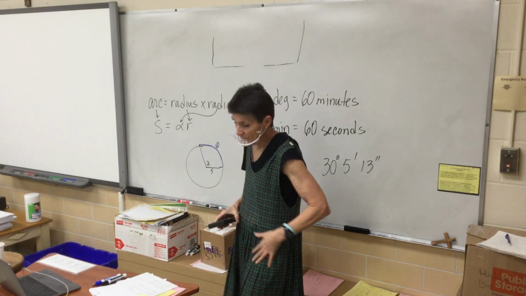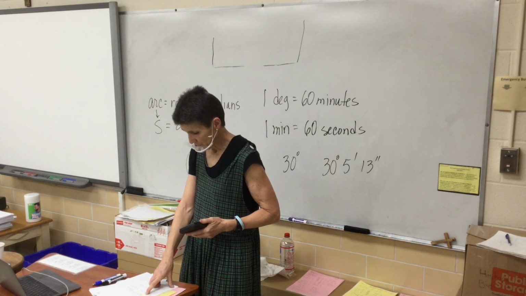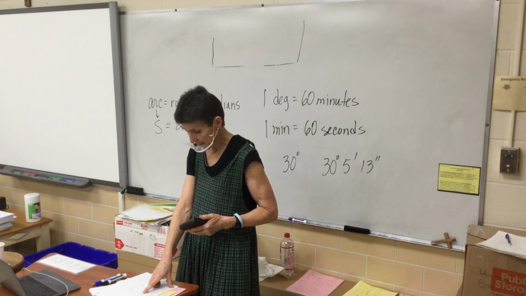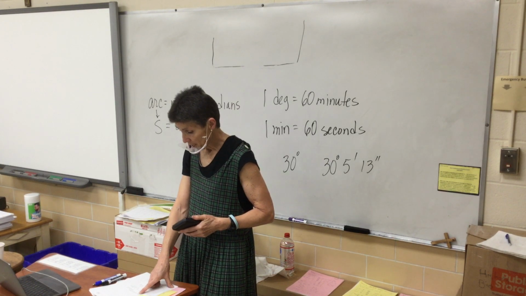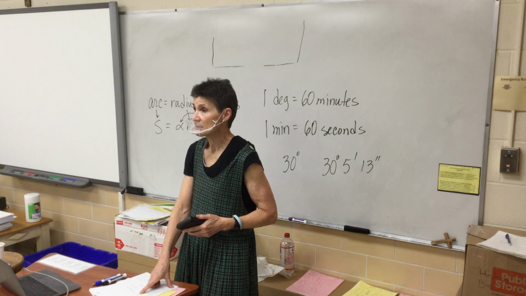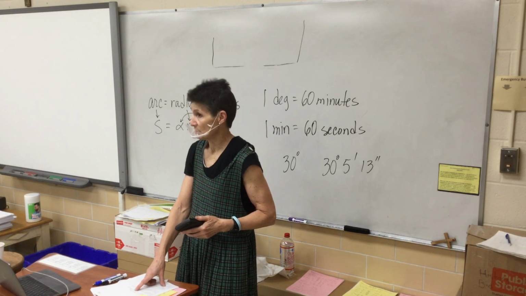Notice that the angle you've been given in my notes, number 1, is 136 degrees, 10 minutes, and 14 seconds. We're going to change that. DMS stands for degrees, minutes, seconds. We're going to change that to a decimal.